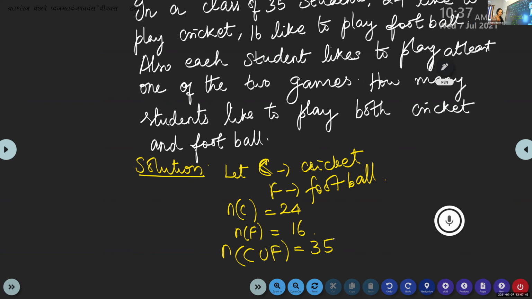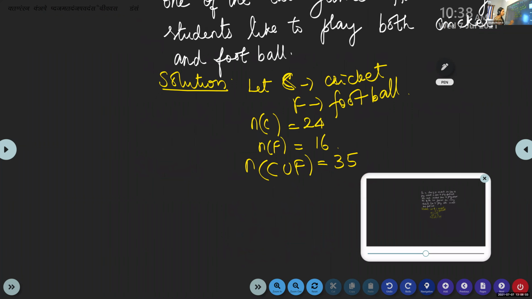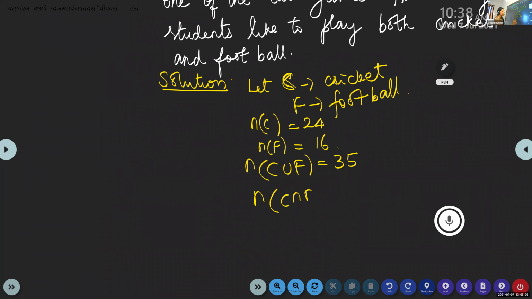That means what you have to find? Yes, tell me, Abdul Aman, what you are finding here? n of A intersection B. Very good. Here we want to find intersection. So n of C intersection F is equal to question mark.